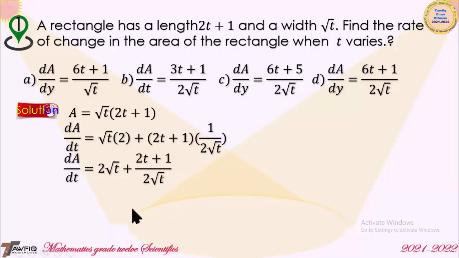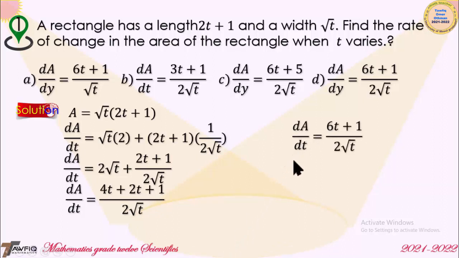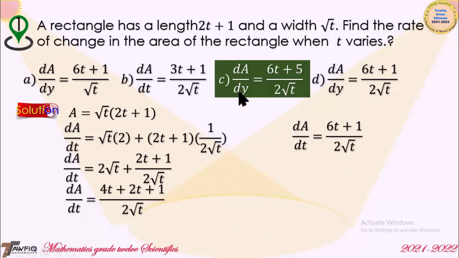And now, by simplifying, dA over dt is equal to 4t plus 2t plus 1 over 2 square root of t. Then dA over dt is equal to 6t plus 1 over 2 square root of t. As you can see, C is the correct answer.